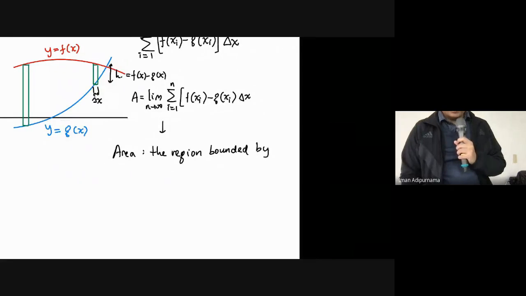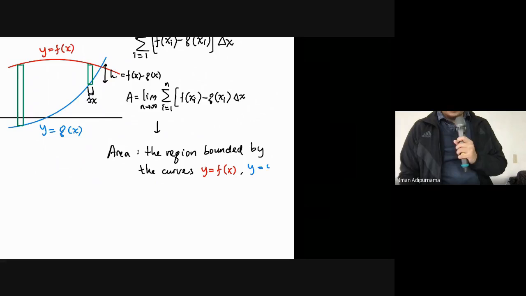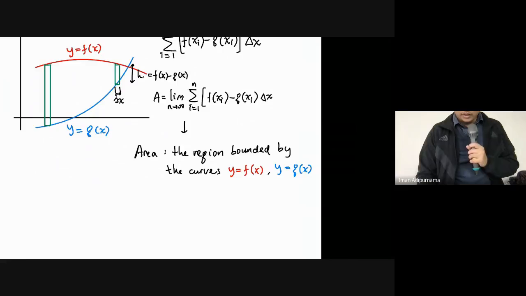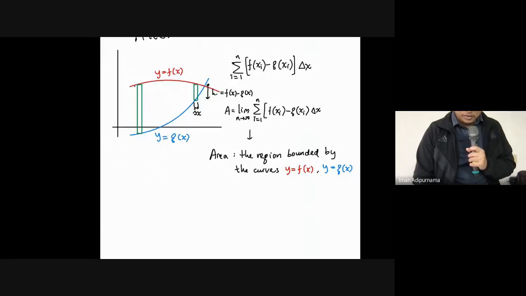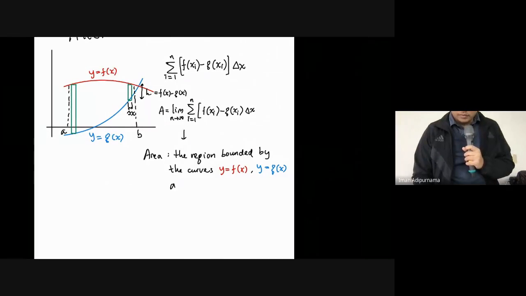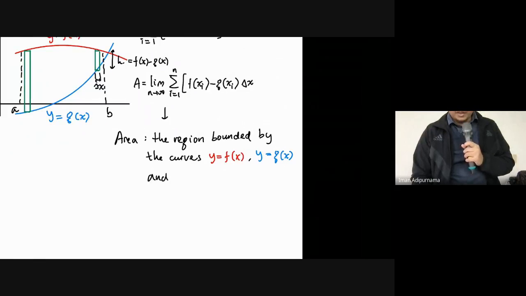bounded by the curves y equal f of x, y equal g of x, and if we have some constants from a to b, we can also take that a, b into our boundary, x equal a, x equal b.